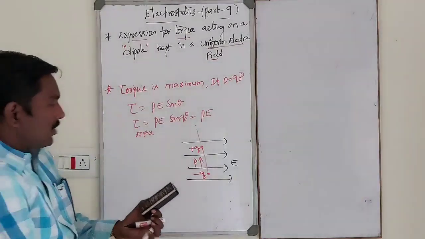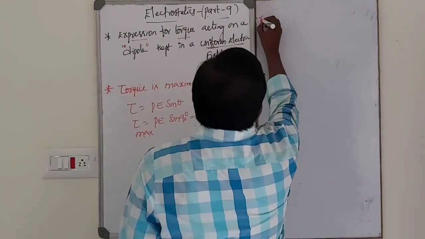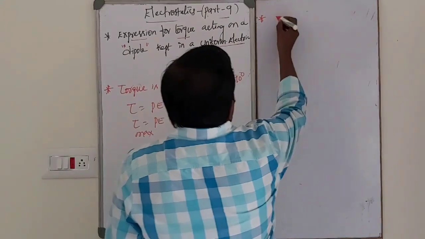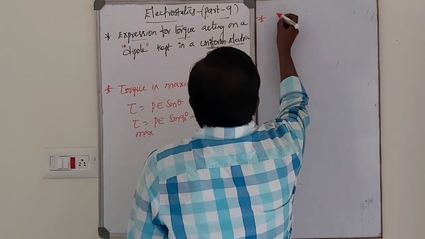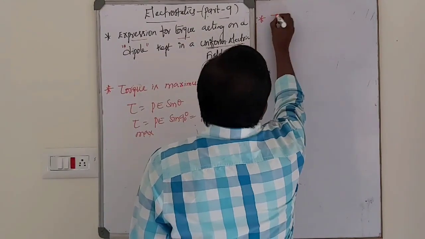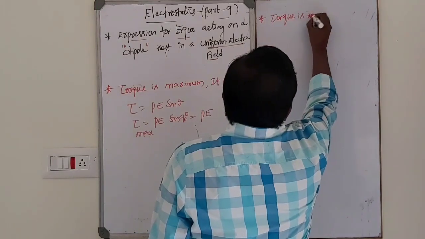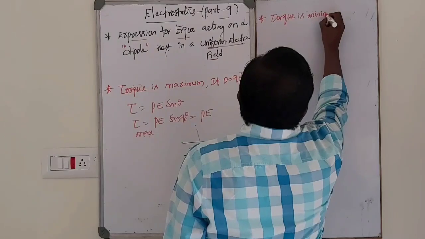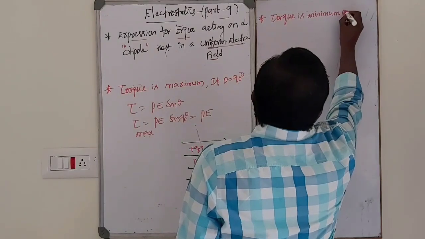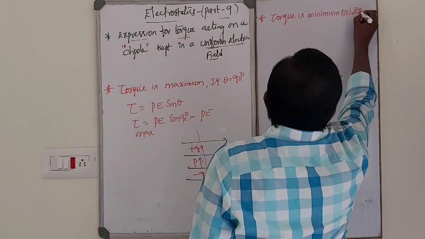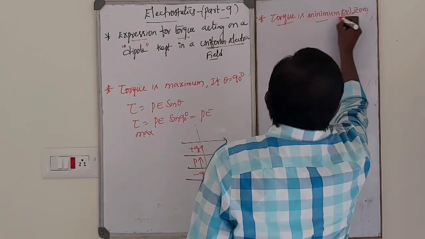Okay. Next, another important one. At what position of the dipole will the torque be minimum? Torque is minimum or 0. For what angle?